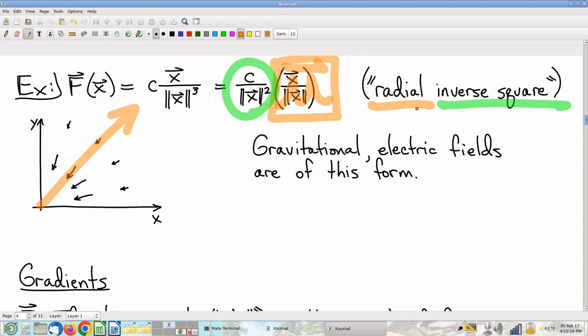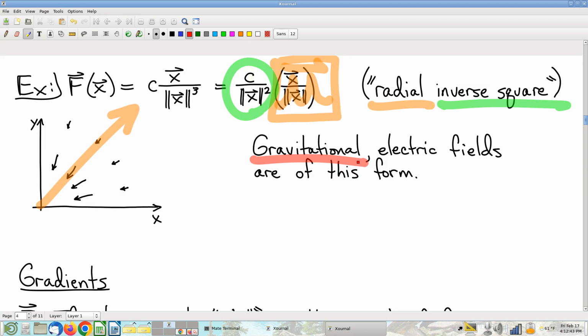Now, how come these arrows that I've drawn here are pointing toward the origin instead of away from the origin? Well, C is negative in this picture. Why did I choose a negative value of C? Because that's what gravitational fields look like. The nature of gravity, and I think this is ultimately a good thing, is that it is inward.